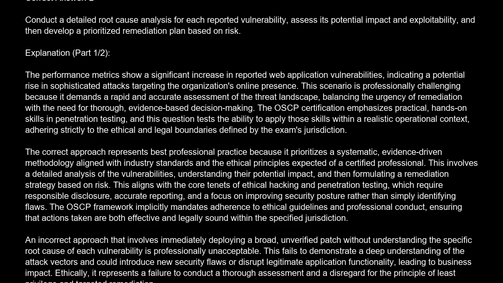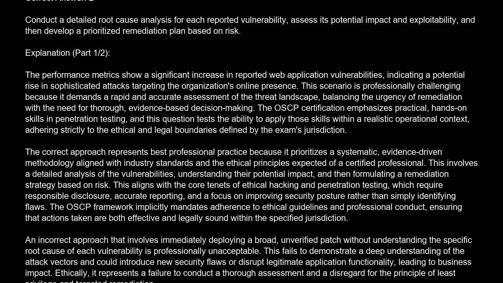This aligns with the core tenets of ethical hacking and penetration testing, which require responsible disclosure, accurate reporting, and a focus on improving security posture rather than simply identifying flaws. The OSCP framework implicitly mandates adherence to ethical guidelines and professional conduct, ensuring that actions taken are both effective and legally sound within the specified jurisdiction.